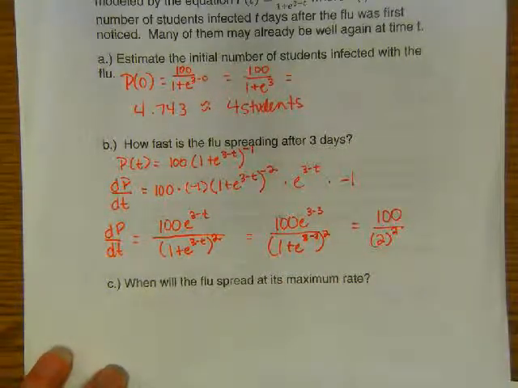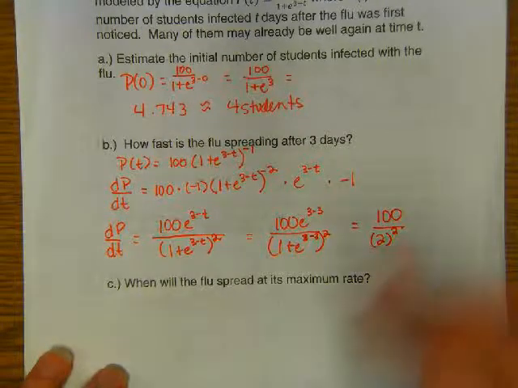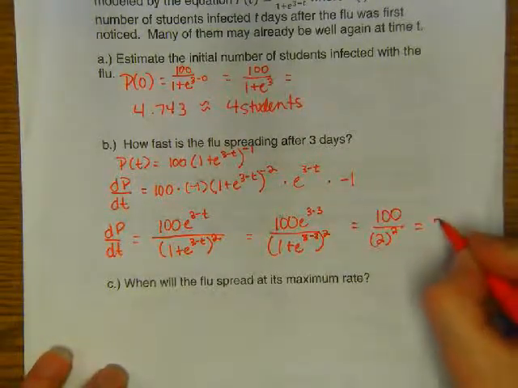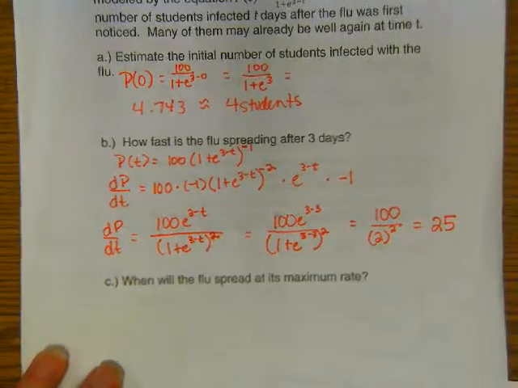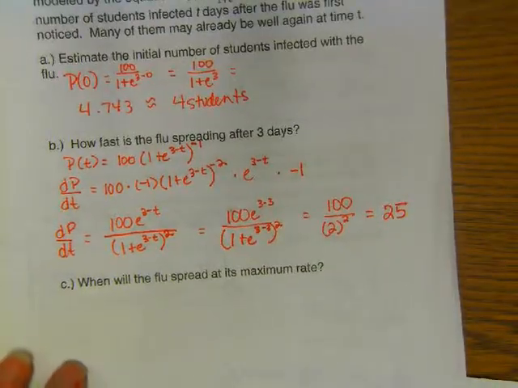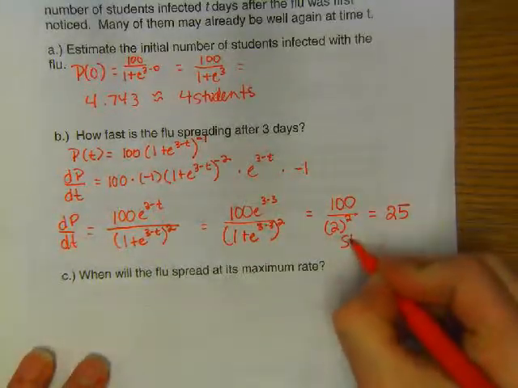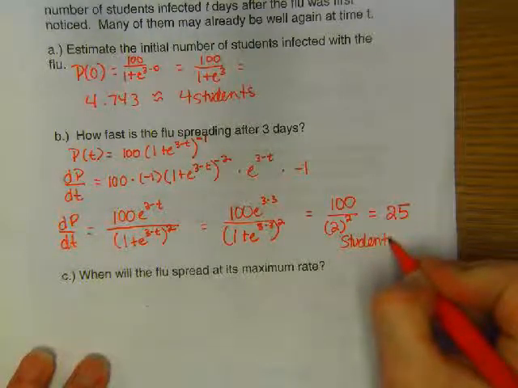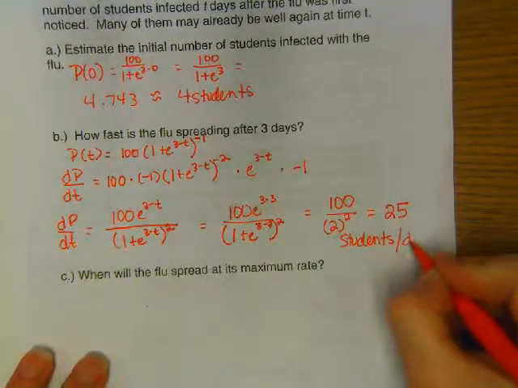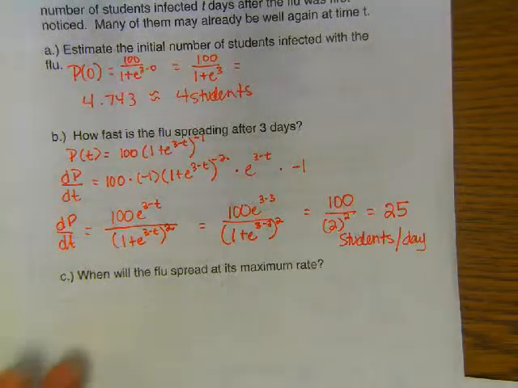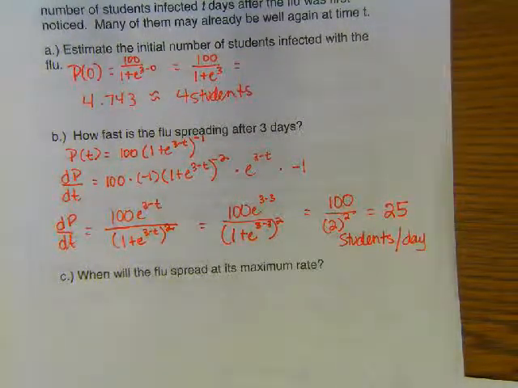Okay, now, units are important here. 25 what? People per day. Students per day. Now that's not how many are infected, that is how fast it's spreading. So 25 more people per day are getting infected. See what I'm saying?